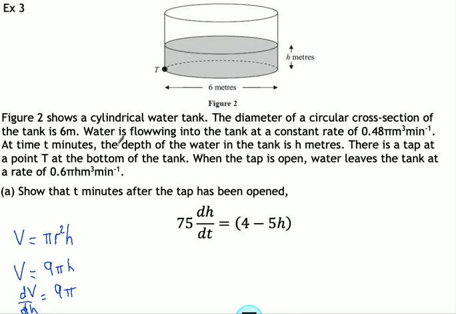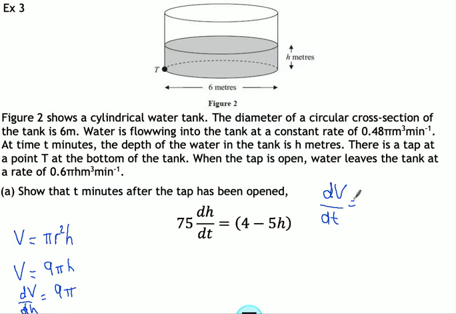That's a pretty good start. We're also looking at the rate of change of water. So what else do we have? We have the volume changing over time. And let's think about how much is changing. So the water is flowing into the tank at a constant rate of that, and when the tap is open, it's leaving at a rate of that.